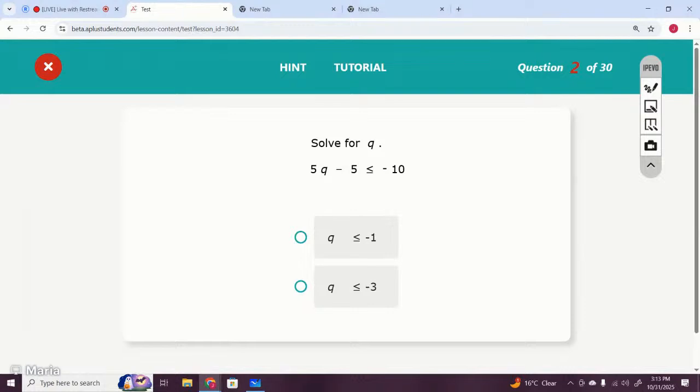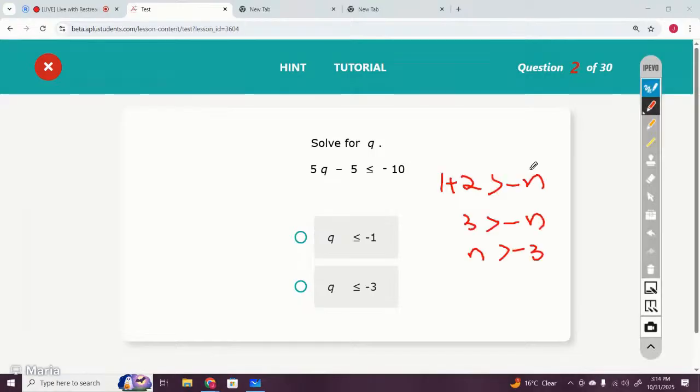5q minus 5 is less than or equal to negative 10. So 5q is less than or equal to negative 10 plus 5.